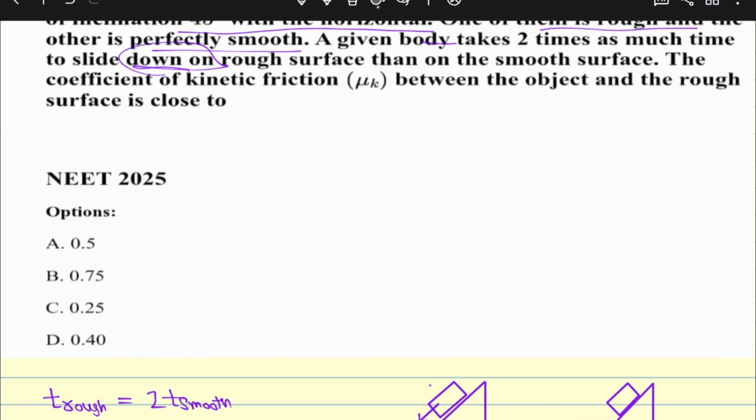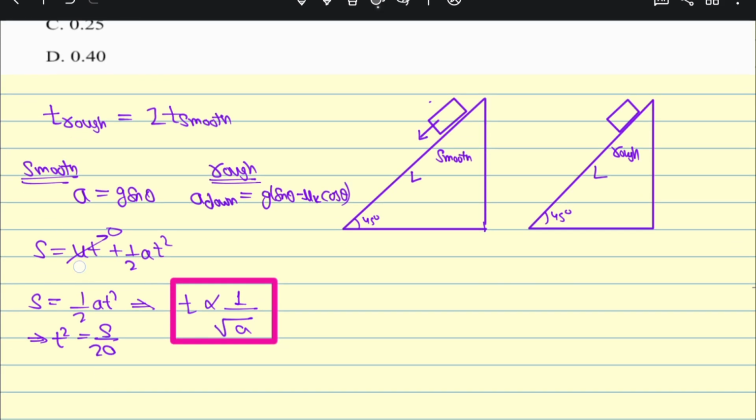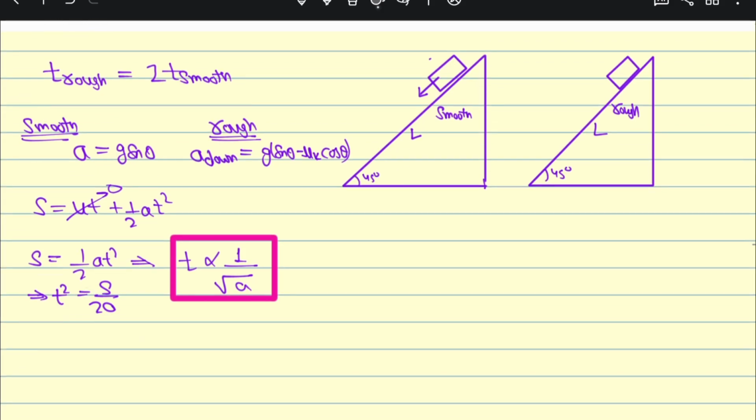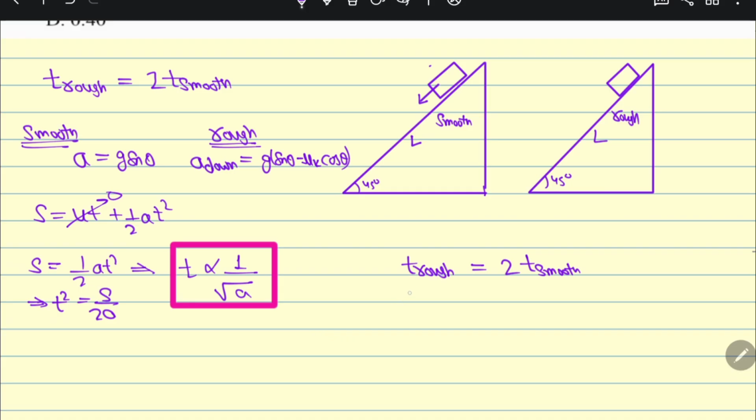And here you see what they are saying: time on a rough surface is 2 times the time on a smooth surface. So can I write 1 upon root a rough is equal to 2 times 1 upon root a smooth.